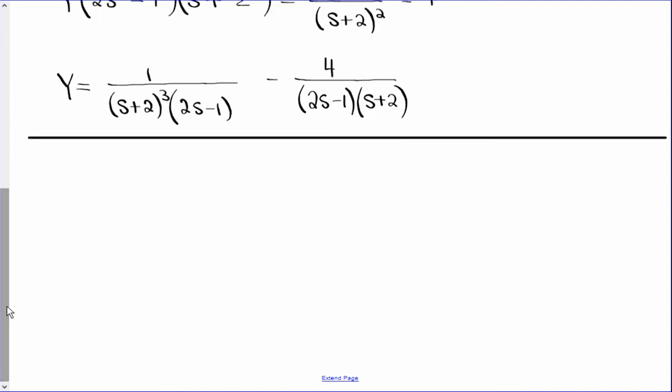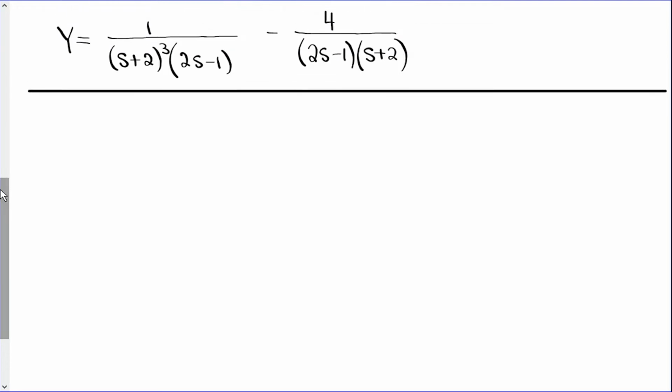Now, the partial fraction decomposition for this first problem is going to be the following. I have (s plus 2) cubed, so this is a linear function of multiplicity 3. Remember, you're going to have to build up to this multiplicity.